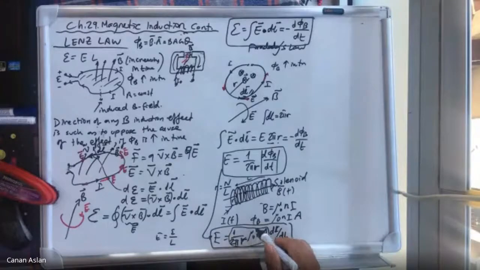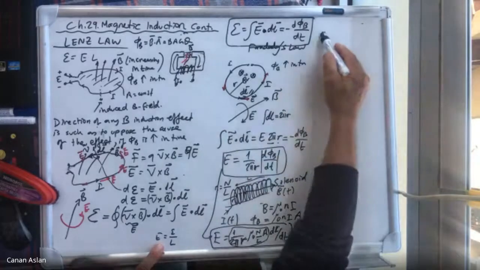Remember, small n is equal to capital N over L. So if you multiply by L, the left-hand side is multiplied by L, this vanishes, and then we have the potential difference.